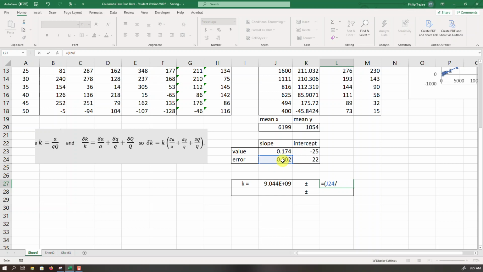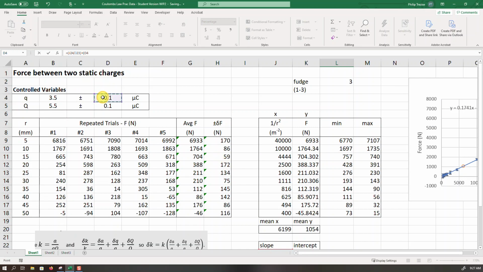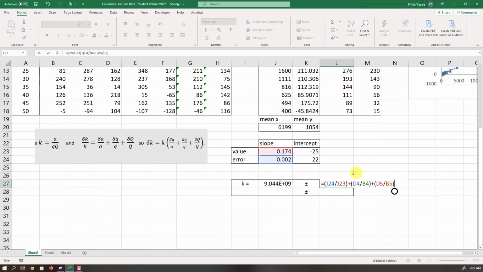Uncertainty in A divided by A, added to the uncertainty in little q divided by the size of little q, added to the uncertainty in big Q divided by big Q. You can see the formula appearing here in the formula bar, and you can also see it down here before I press the enter key.